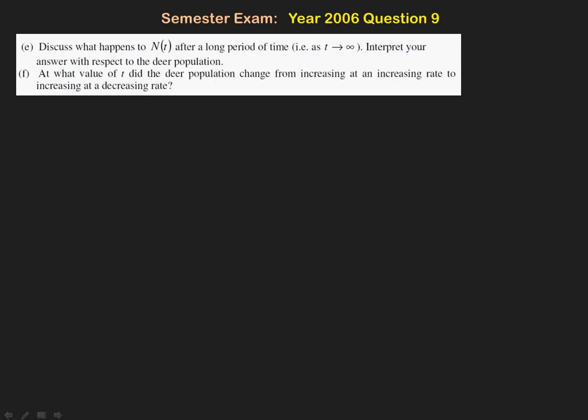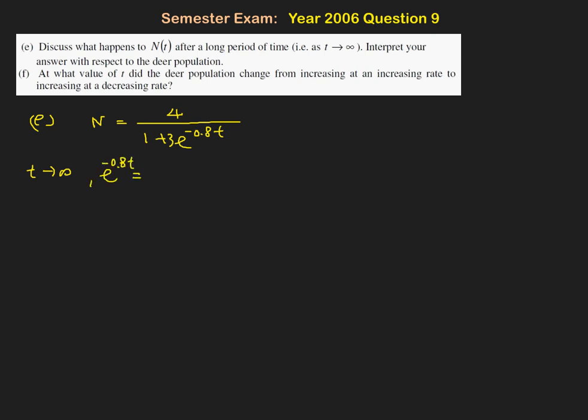what happens to the function N(t) after a long period of time? Alright, be wary about this. e to the power of -0.8t here, and again when time tends to infinity, this term 0.8t is going to be really huge, right?